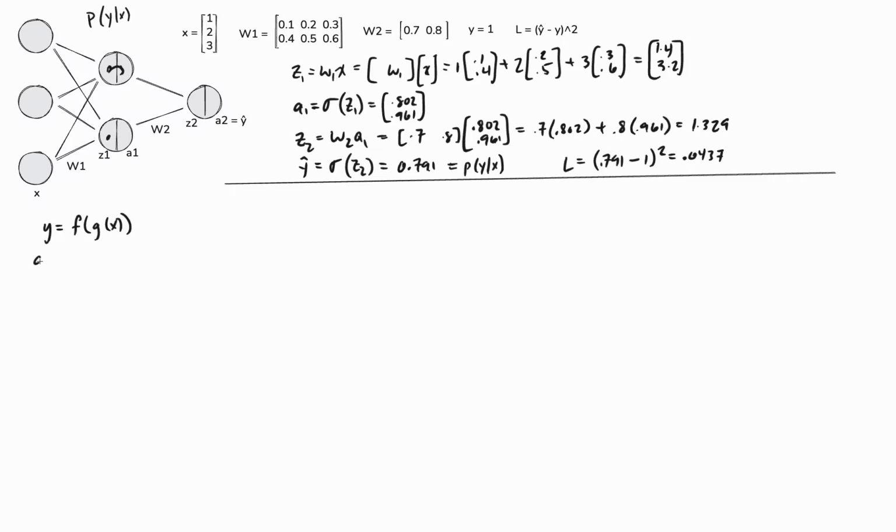If we want to compute the derivative of y with respect to x, so how does y change as x changes, by the chain rule, it's the derivative of the outside function with respect to its input multiplied by the derivative of the inside function with respect to its input. Okay, it's a multiplication.